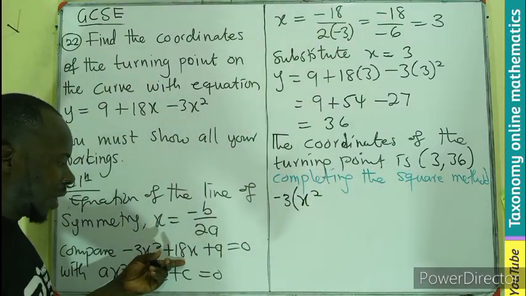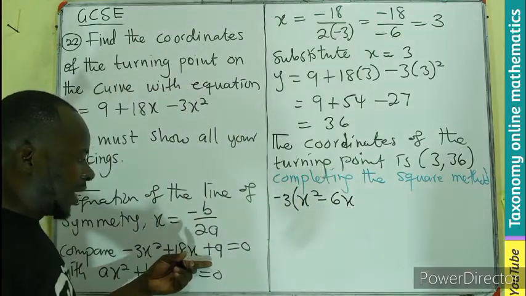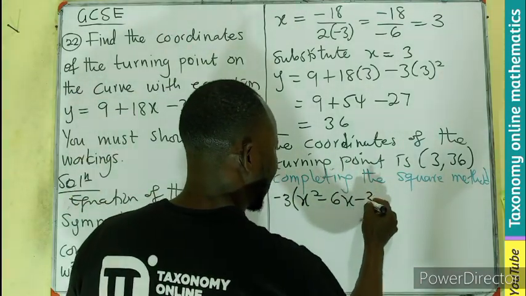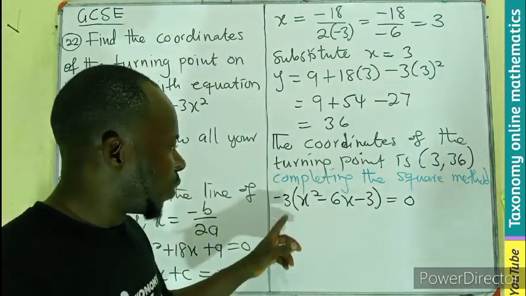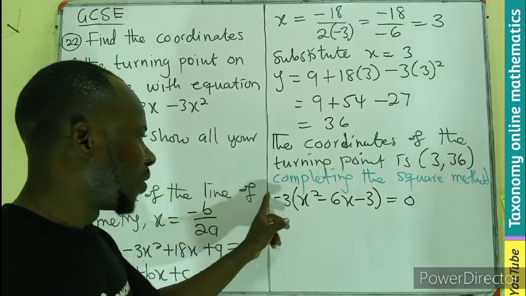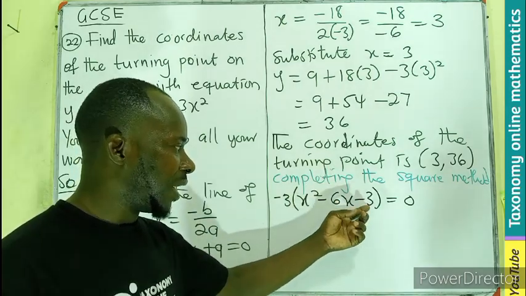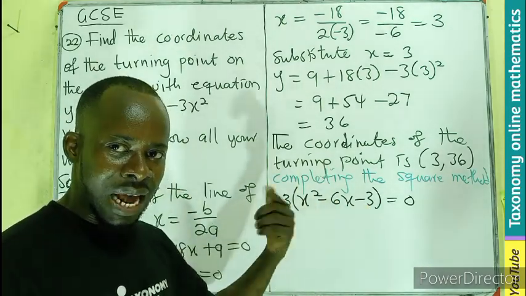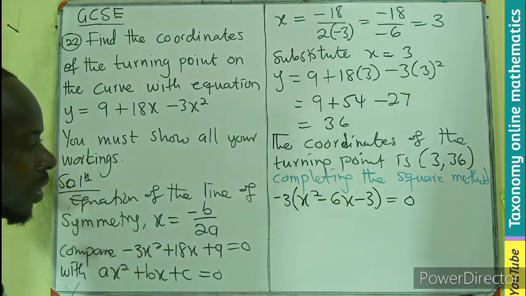When you divide this by negative 3, you have negative 6x. Then this is going to be minus 3, all equals 0. Why are we doing so? When we multiply by negative 3, you get the original: negative 3 times negative 6 is positive 18, and negative 3 times negative 3 gives a positive 9.